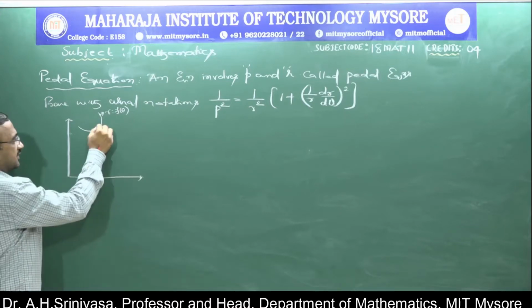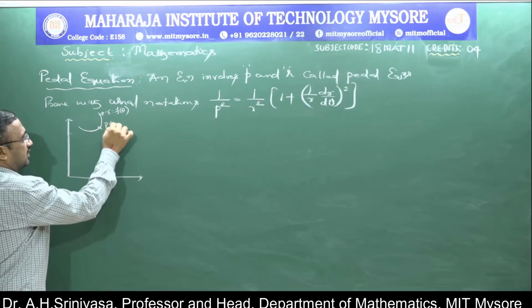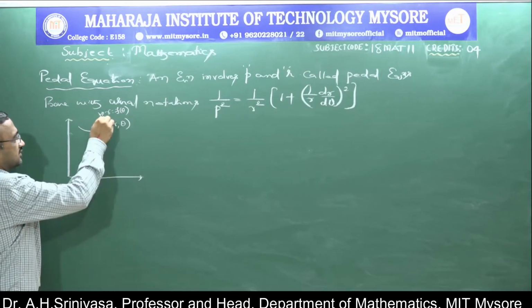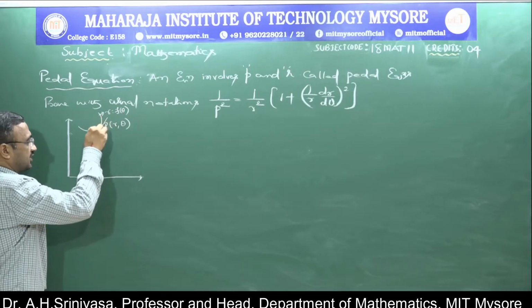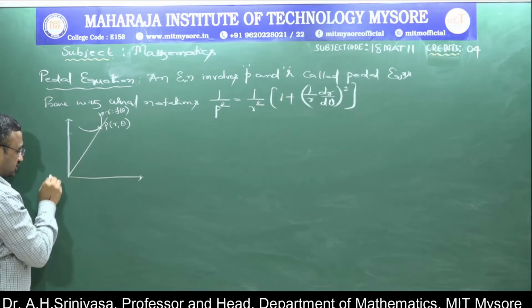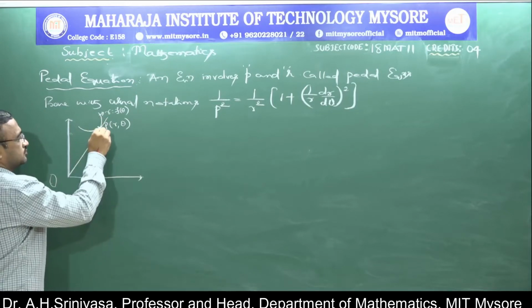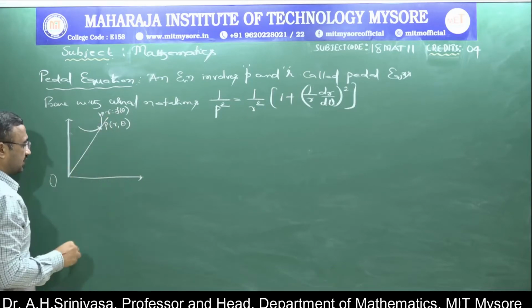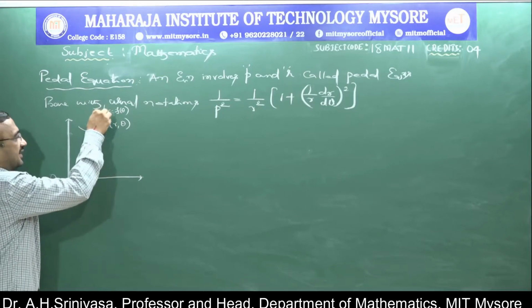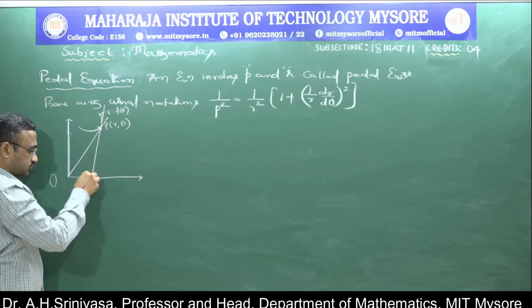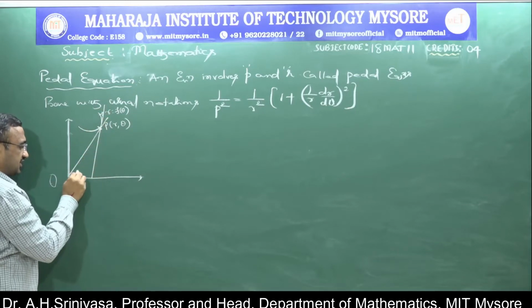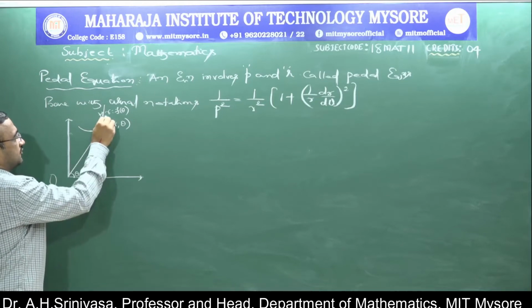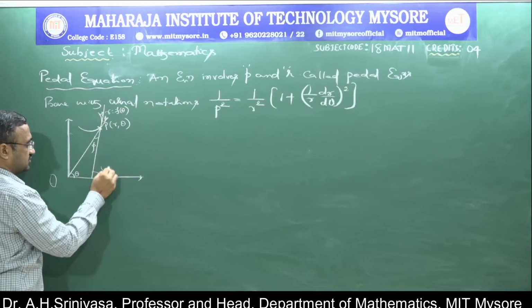Then if I mark a point P of r comma theta, it is the radius vector. Then I join it to the origin, which we call O. Then we draw a tangent. This is theta, it is phi and also phi, and the angle is psi.